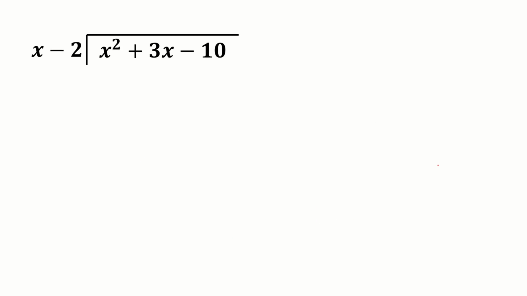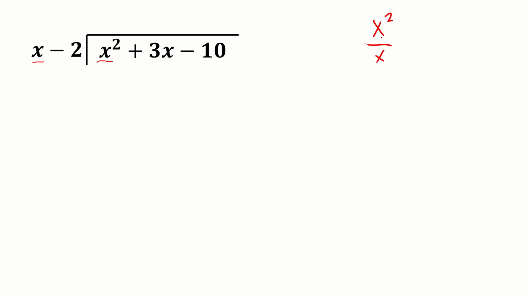Now, after ma-check kung kumpleto na yung lahat ng terms, ang gagawin natin when dividing is to divide muna yung first term ng dividend at yung first term ng divisor. So that will be x squared divided by x. Okay, balik tayo doon sa laws of exponents. If you have x squared over x, ano yung magiging answer natin dyan?